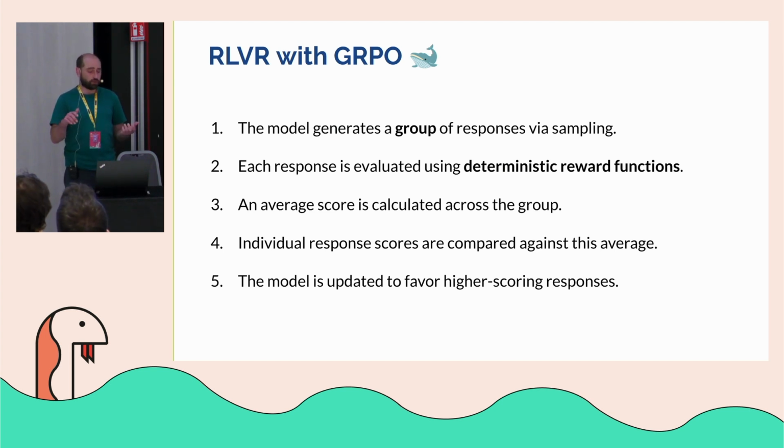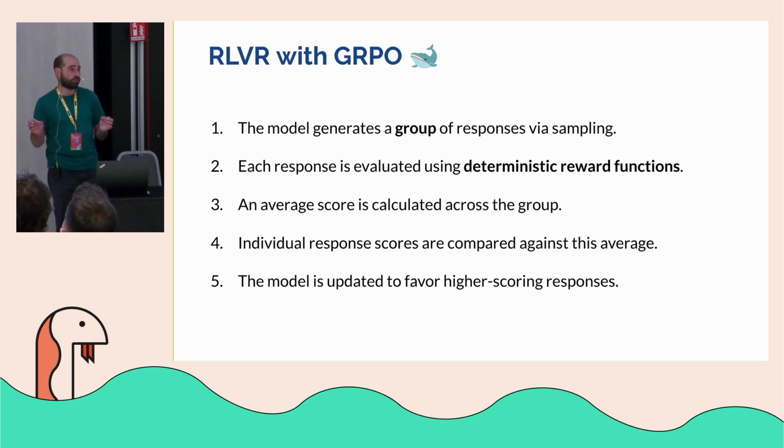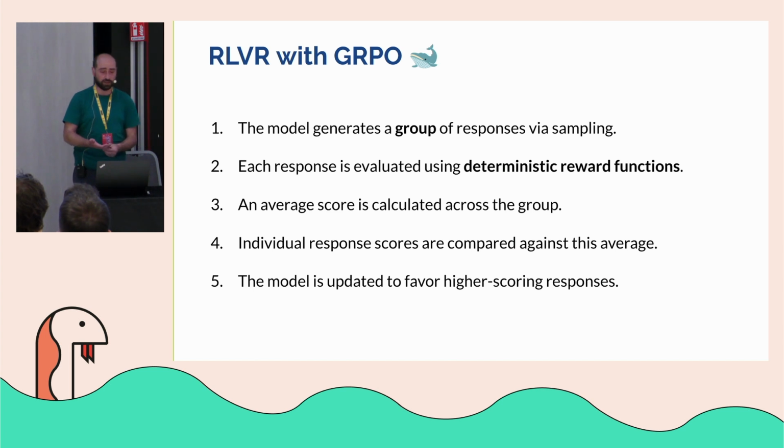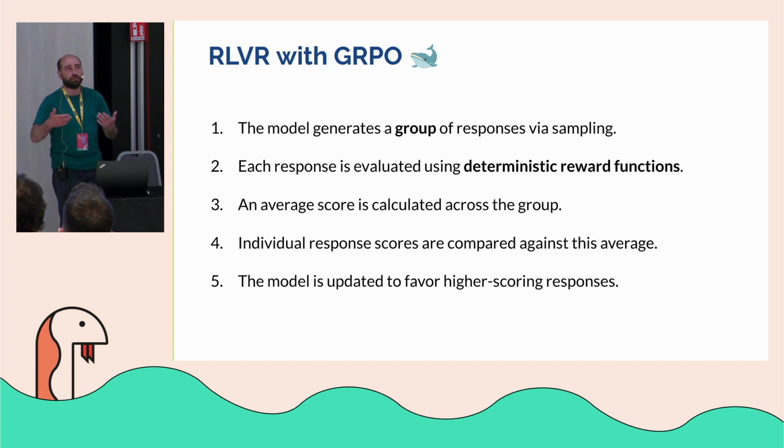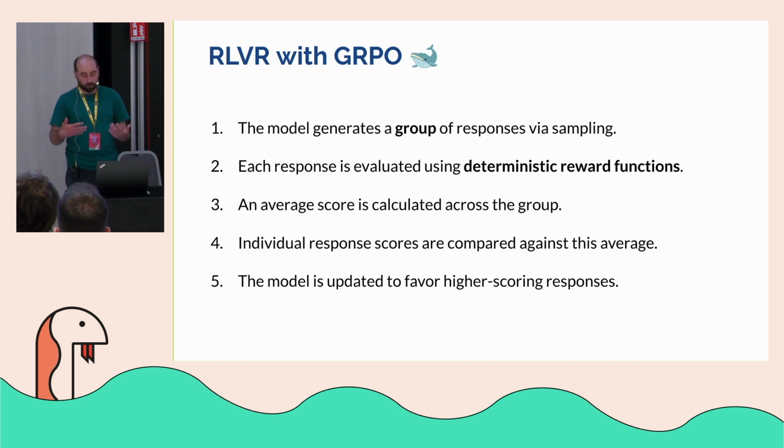Then each response is evaluated using a deterministic reward function, not a model, just a very simple function, as we will see. And we compute an average score across the group, and the individual responses are compared against this average. And so you can finally update your model using reinforcement learning to favor higher scoring responses.